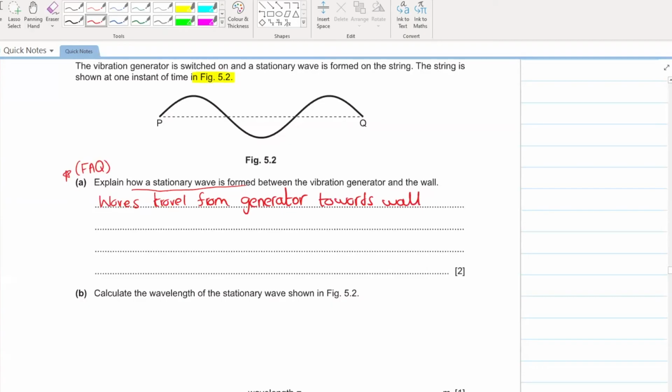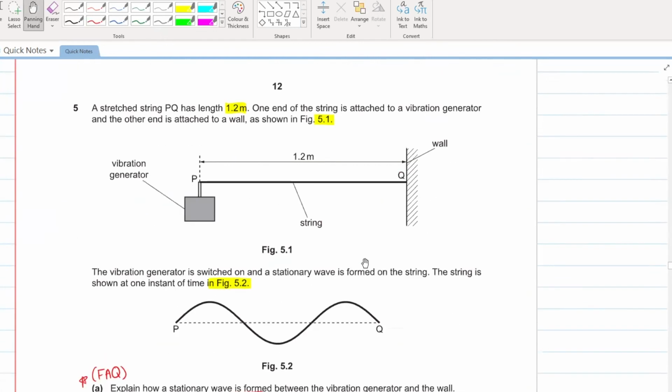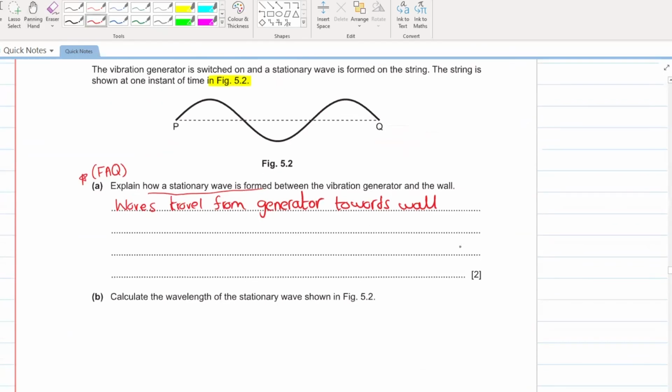What will happen then? They get reflected at the wall.